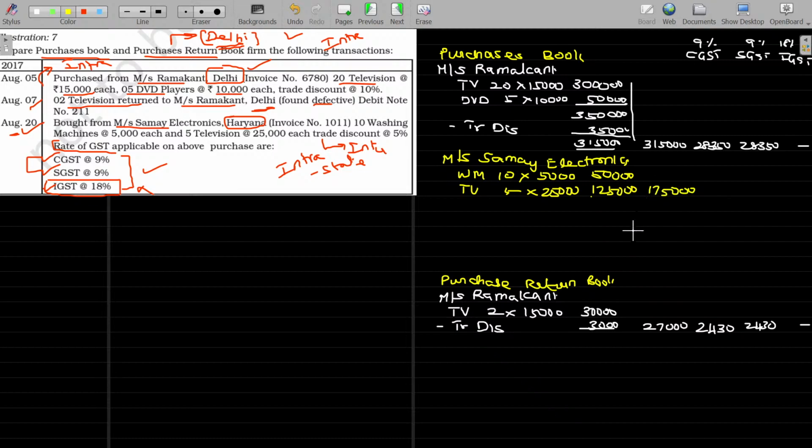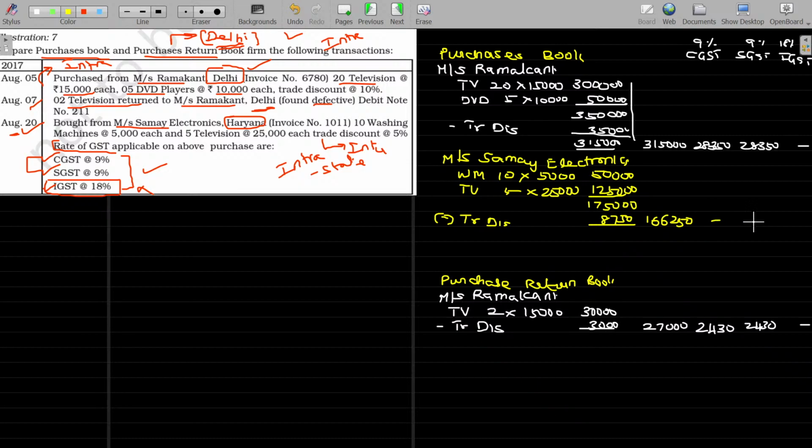Trade discount is also there. The applicable trade discount in this case being 5%, 8,750. Then the net value being 1,66,250.